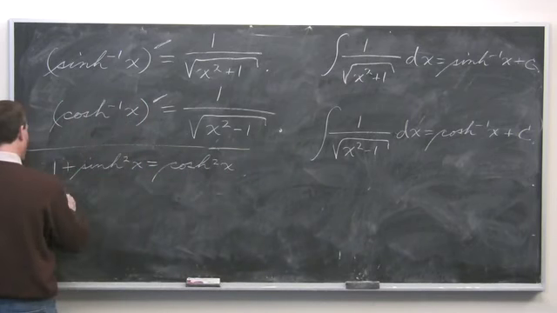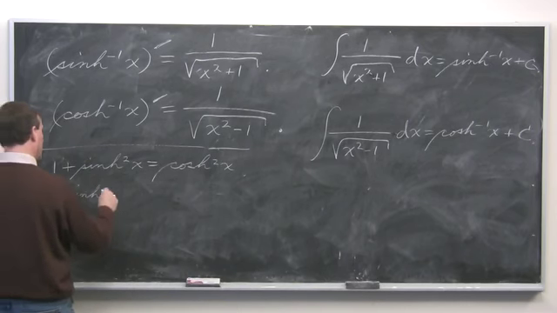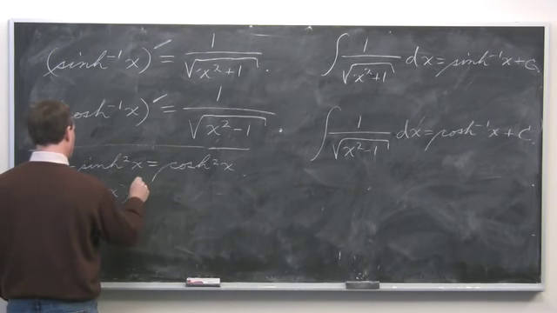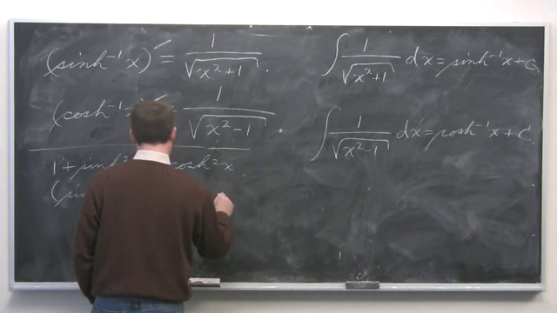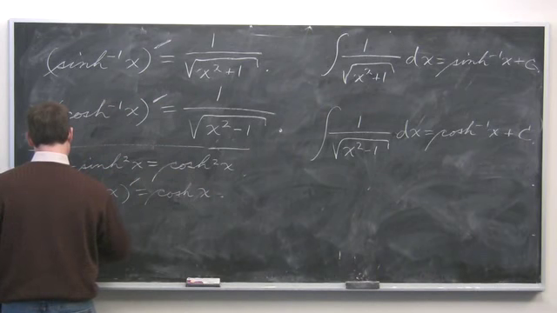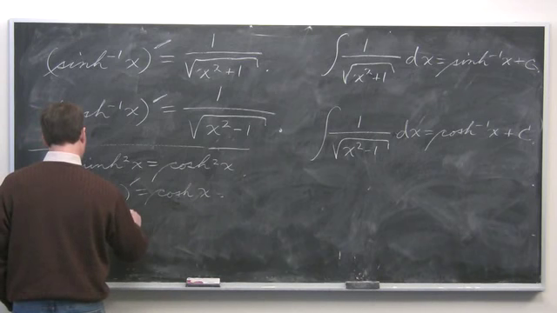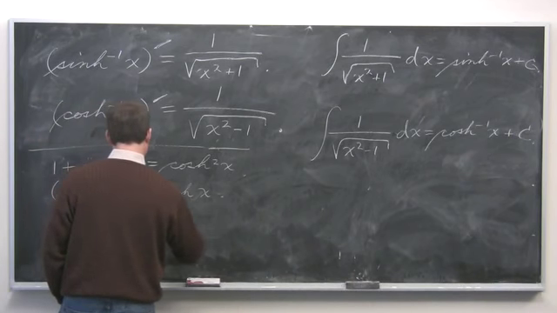And I expect them to know or rederive from the definitions, because it's so quick, that the derivative of hyperbolic sine is hyperbolic cosine, and the derivative of hyperbolic cosine is hyperbolic sine.